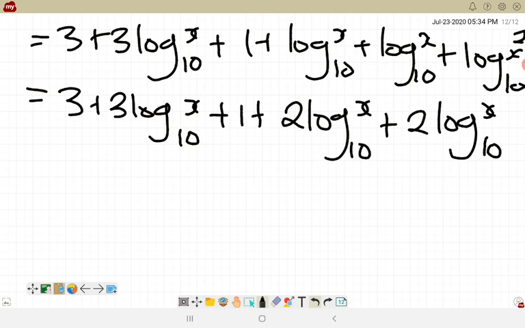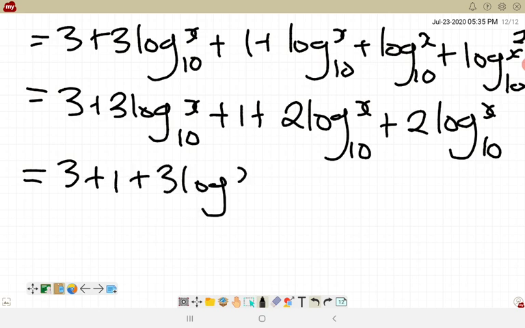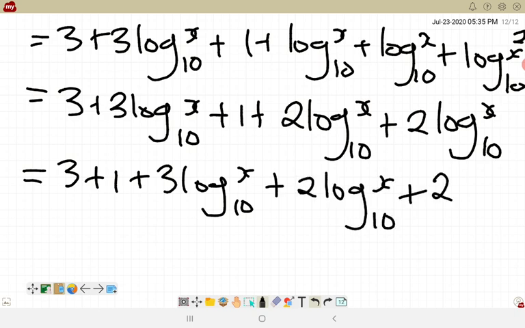We'll continue that way, collecting all the items. We have 3 plus 1 plus 3 log x base 10 plus 2 log x base 10 plus 2 log x base 10.